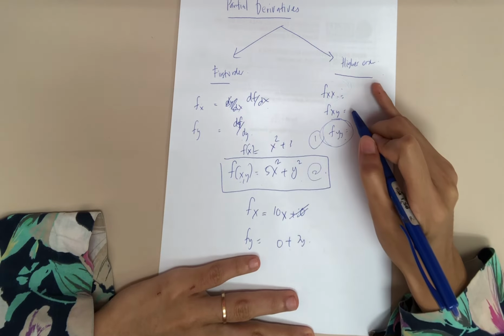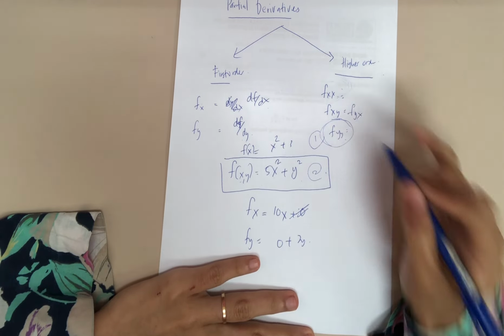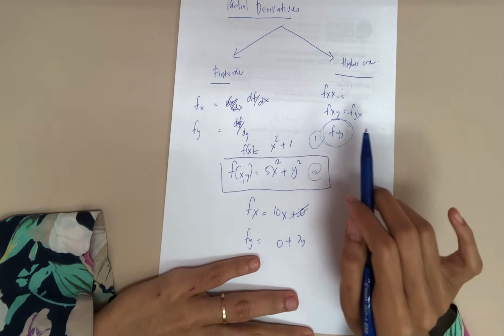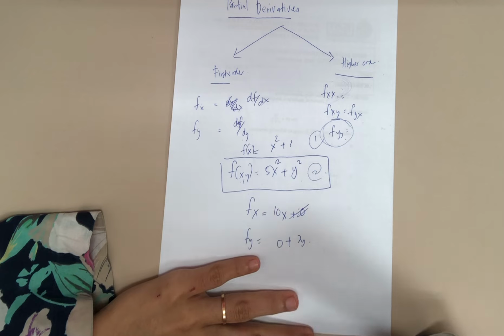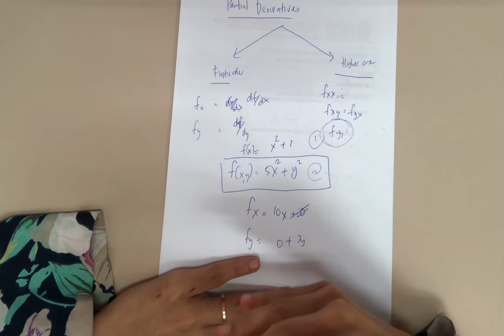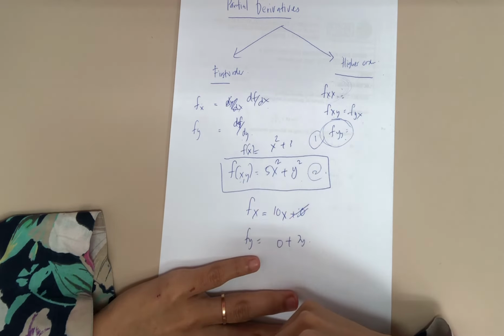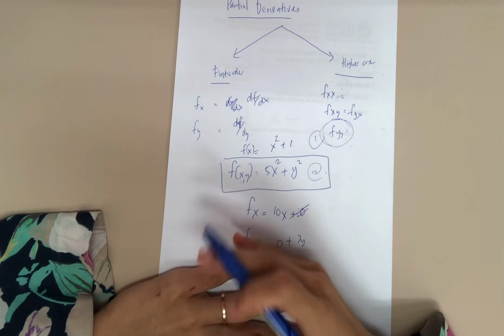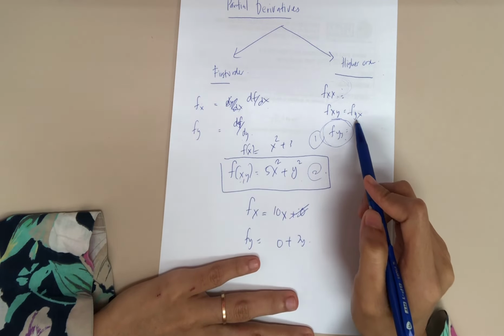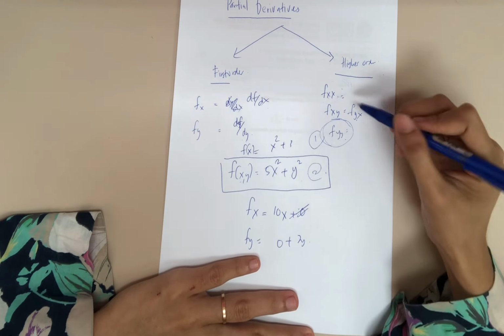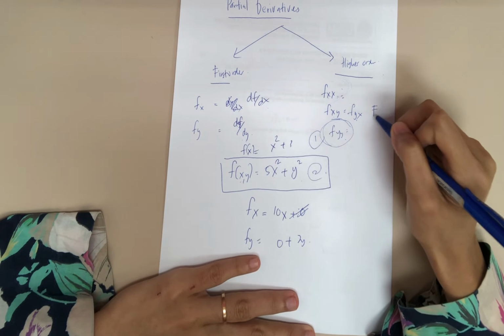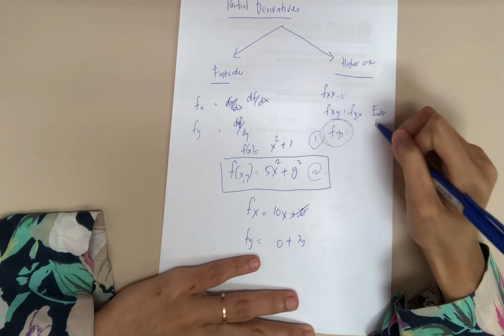One more thing: fxy is also equal to fyx. If you differentiate x first, followed by y, the final answer must be equal to the answer if you differentiate y first, followed by x. The answer must be the same, and this is what we call Euler's theorem.